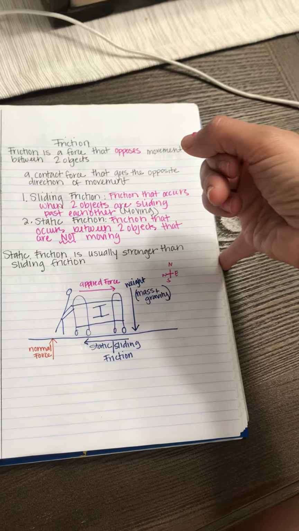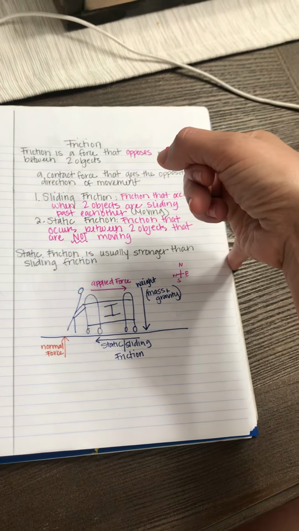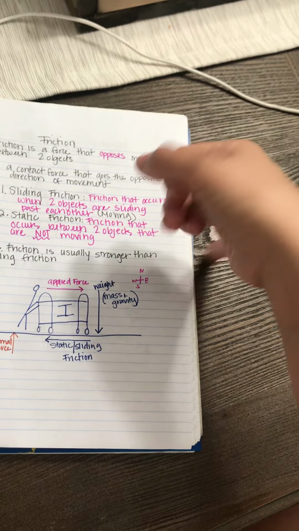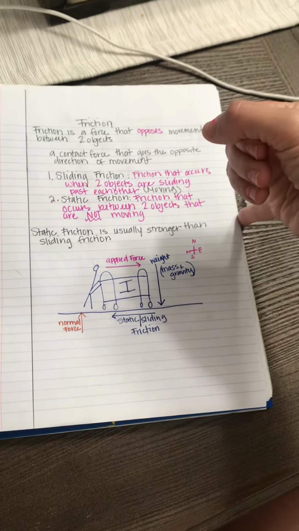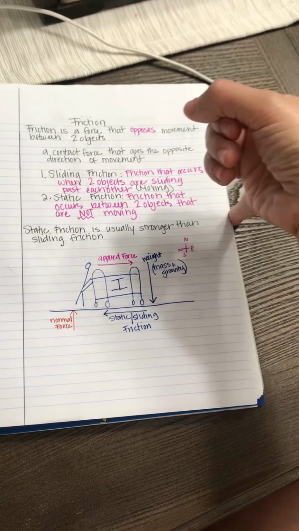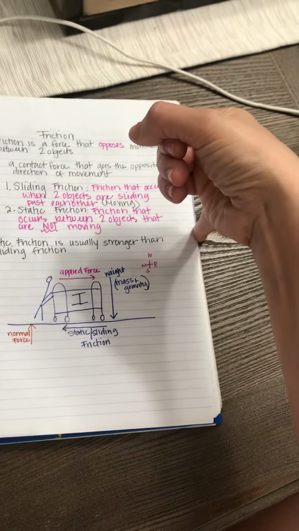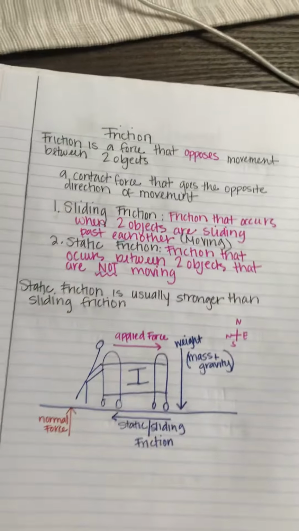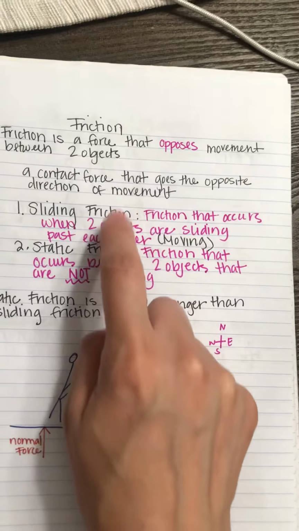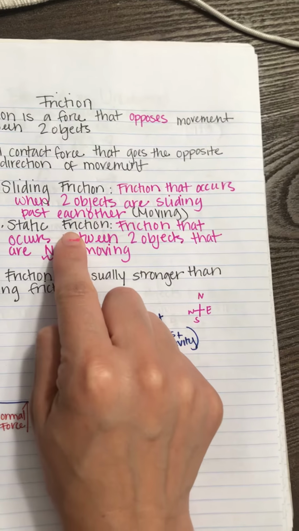Notice as I'm pushing it, my pinky slightly goes back and then the notebook moves. That's what you should see. If you do this very, very slowly and you press only with your pinky, it should move back and then the notebook moves. Okay. Now what that is, I'm seeing both kinds of friction, sliding and static friction.